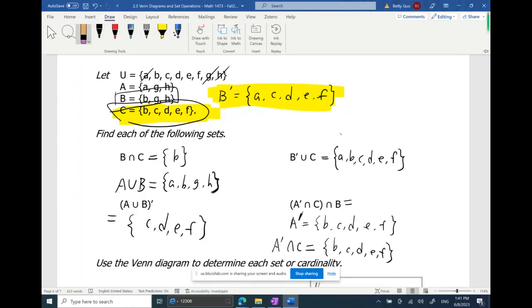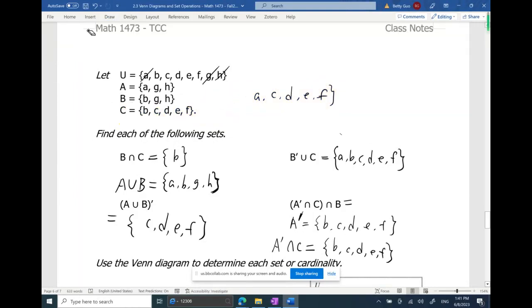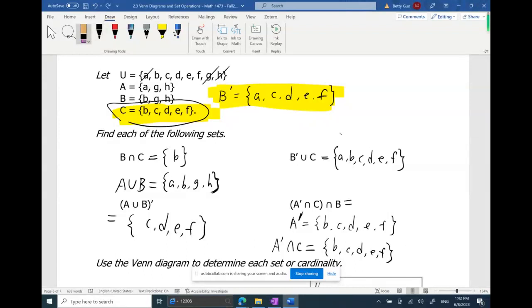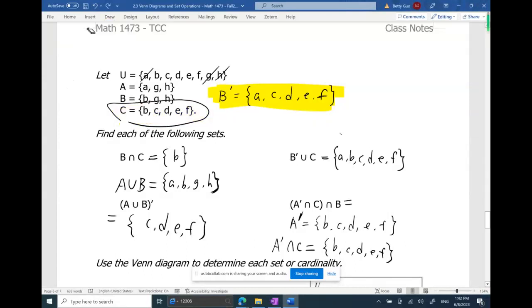Let me organize a little bit. It became messy. I'll keep B prime here. Let me erase this part. So we have A prime intersect C already.